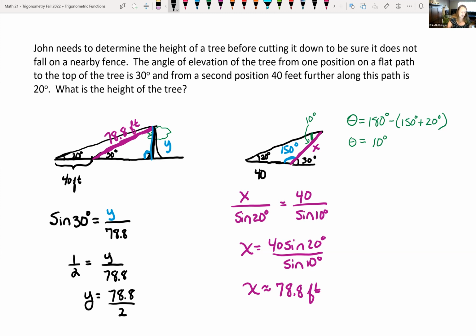So it's approximately 39.4 feet. Let me just check that really quick and see if we got that right. Yay, we got it right. So the height of that tree is 39.4 feet high.